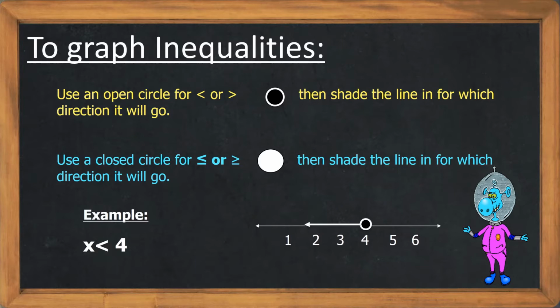Now, how can I graph the inequality? For example, suppose you have x less than 4. How can I graph this on an axis? You know that this axis is called the axis of abscissa. You know this from last year. But how can I distinguish between x less than 4 and x less than or equal to 4? You have to know that when I draw a circle which is not shaded inside, it means strictly less than or greater than.